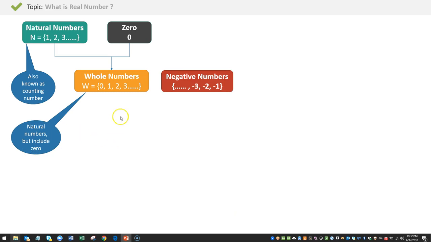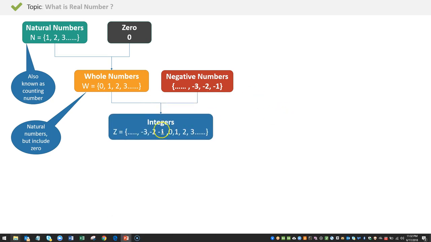Now, what is left after whole number is negative numbers like -3, -2, -1. And if you combine whole number with negative numbers, what you get is integers. So integers are basically collection of whole number plus negative number.